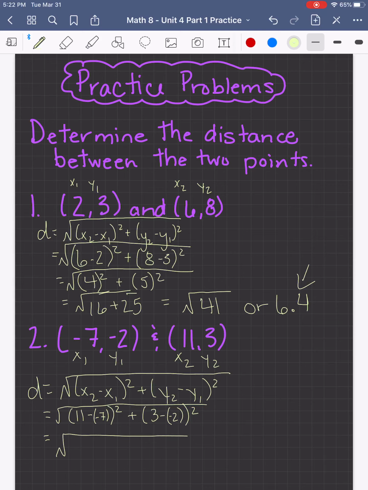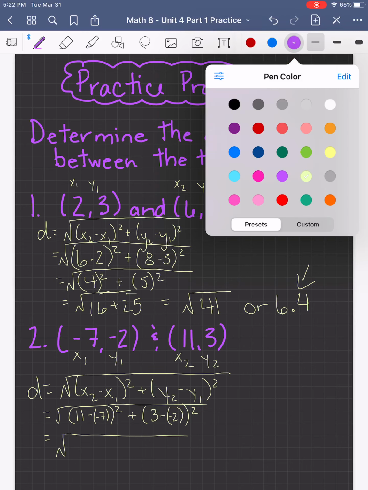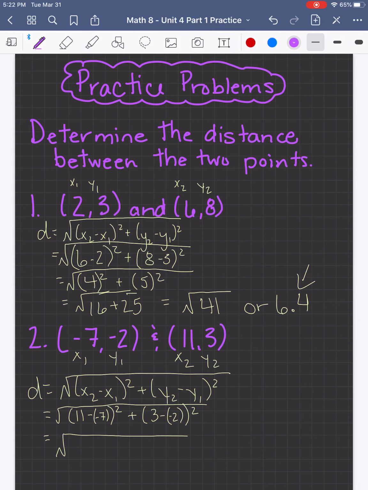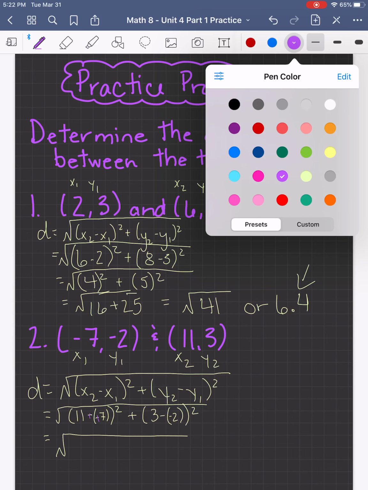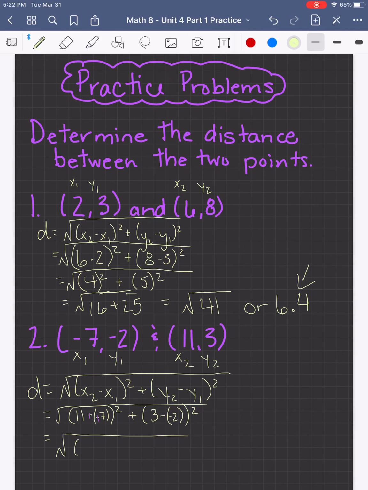Okay, so 11 minus a negative 7. Remember, minus a negative, we keep change. So this comes out to be 18 plus 3 minus a negative 2. Again, it's keep change. And 3 plus 2 is 5. 18 squared is 324. 5 squared is 25.